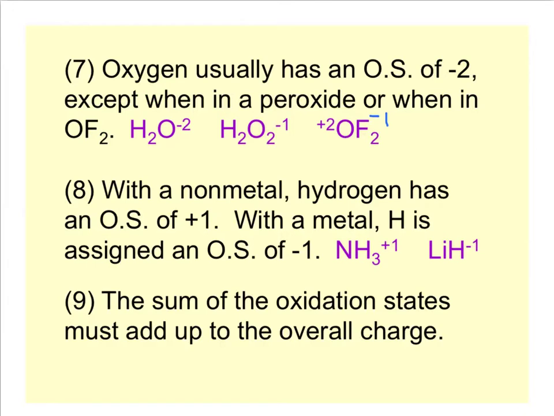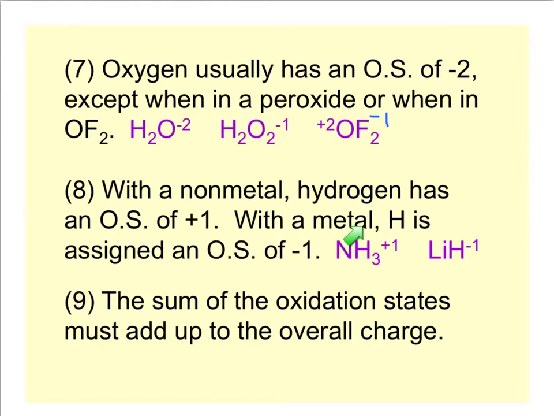Let's talk about hydrogen. When hydrogen is bound up with nonmetals, it is going to be less electronegative than the nonmetal. So it's going to lose electron density to the nonmetal and have a +1 oxidation state. However, if the hydrogen is bound up with a metal, hydrogen is more electronegative than metals, and so it's going to take electron density and have an oxidation state of -1.